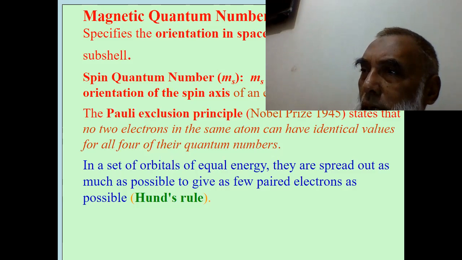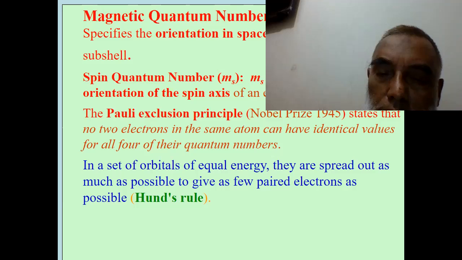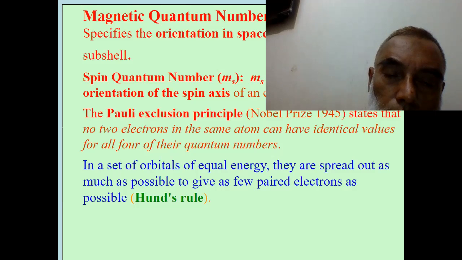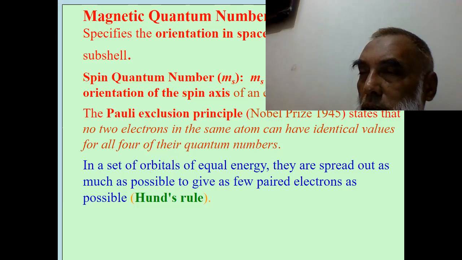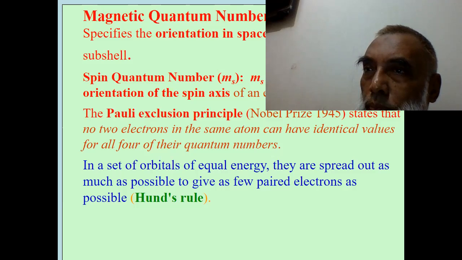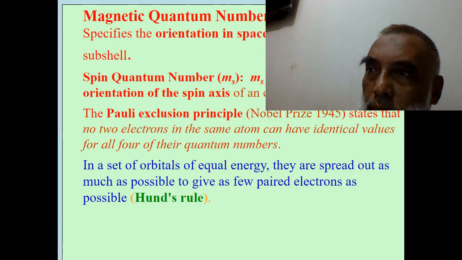And another scientist gave another rule: in the orbitals of an atom where the orbitals are of equal energy, the maximum number of electrons will remain unpaired.